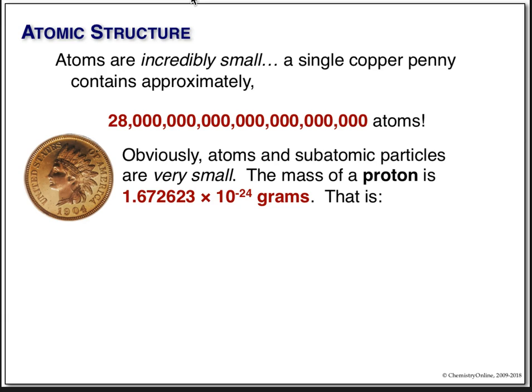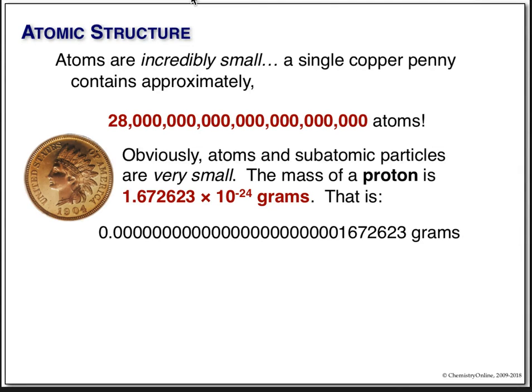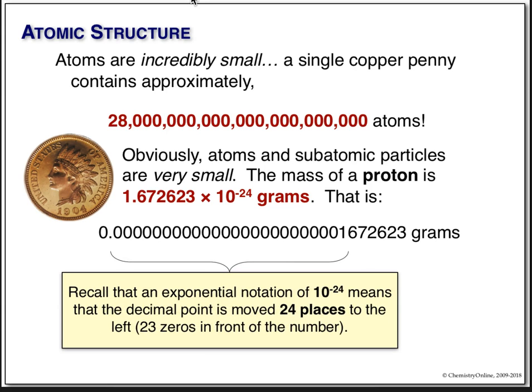If we converted this to decimal, it would look like this. Again, lots of zeros. We're going to do scientific notation in just a minute, but basically we have 23 zeros in front of our 1 here. We've moved our decimal place over 24 places. That's where this comes from.